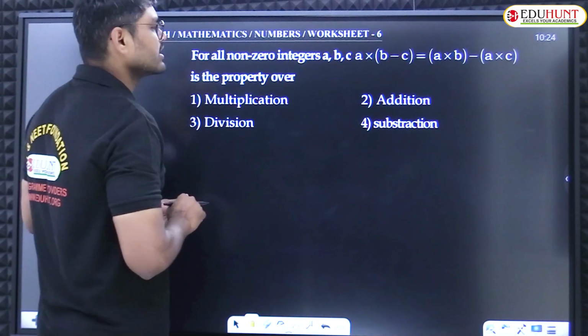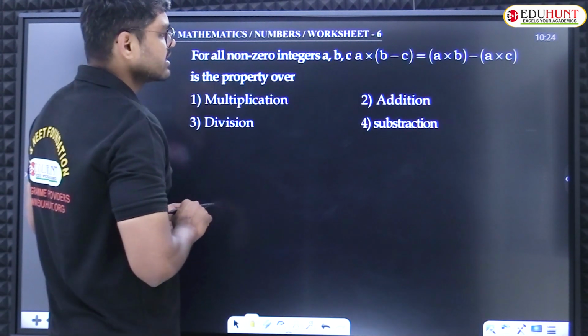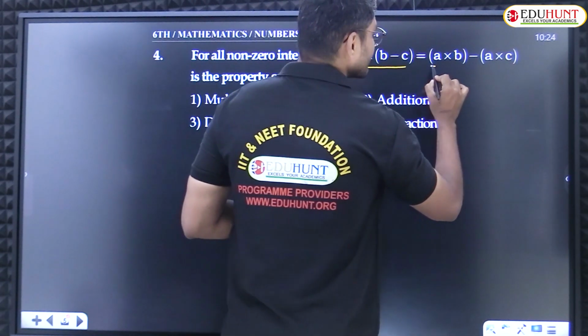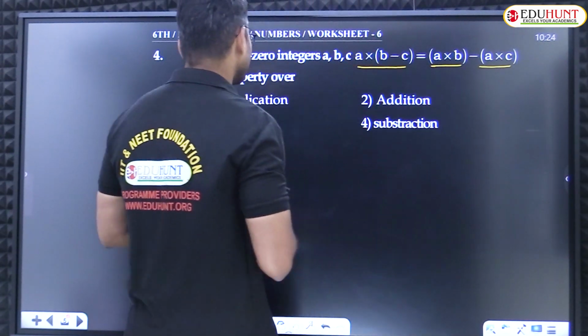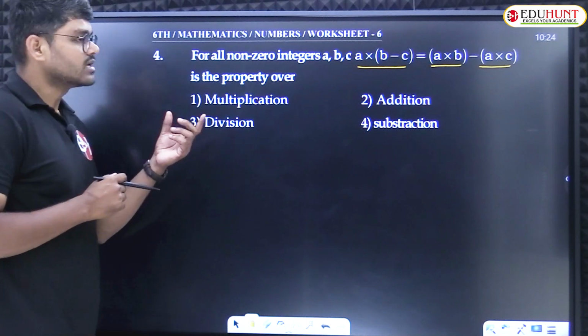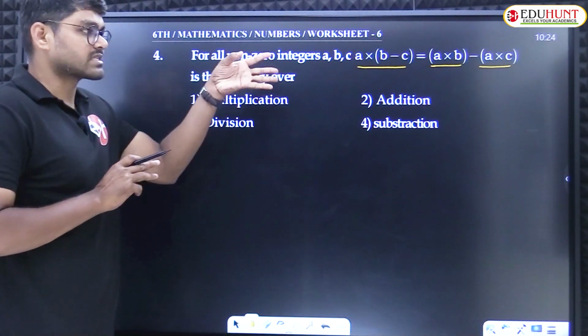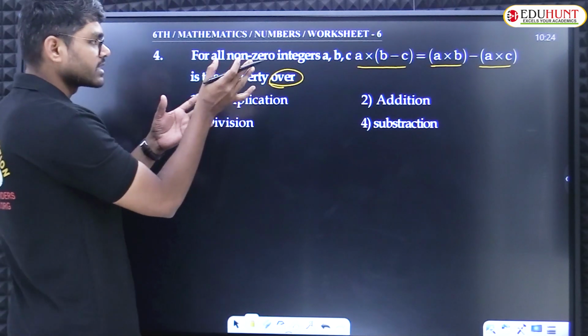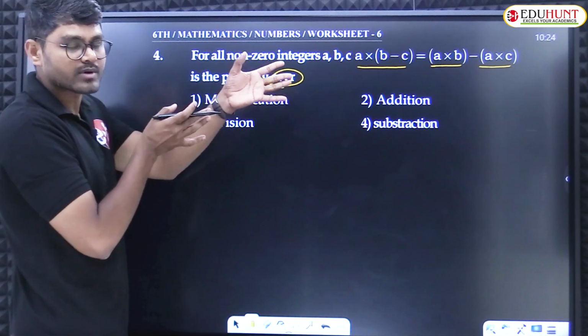For all non-zero integers a, b, c, a into b minus c equals a into b minus a into c. Already we have discussed the distributive property over subtraction. This property is called distributive property over subtraction.